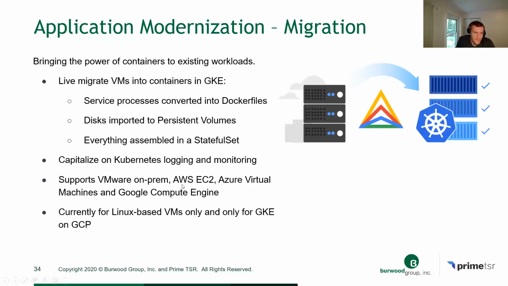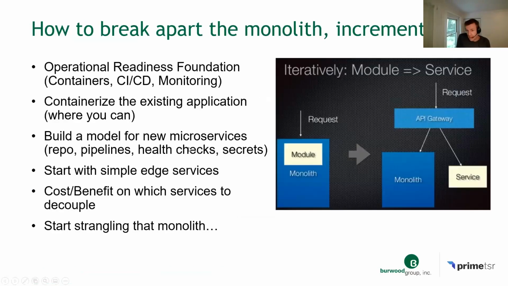But before then, so you've containerized your application. Hey, maybe it's running on Kubernetes now as well. Now we need to start digging deeper into the application and saying, all right, how do we start modernizing the various services within the application and the functionality it provides.